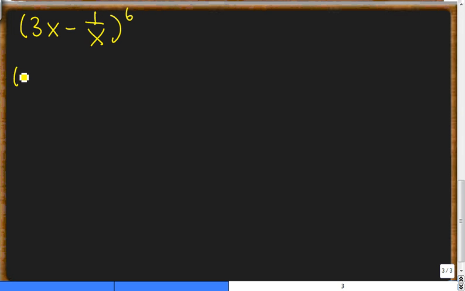So we get 1 times 3x to the 6th power, and then we have our negative 1 over x to the 0, plus, so we go 6, 15, 20.